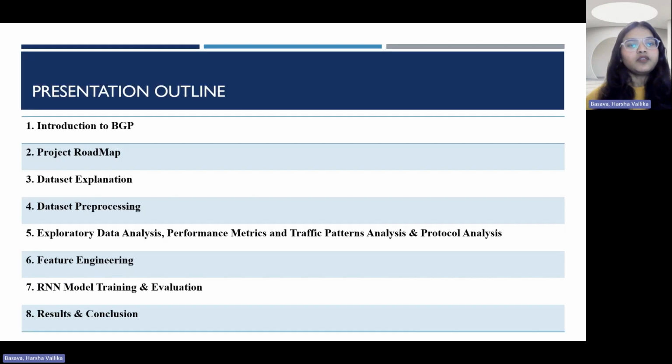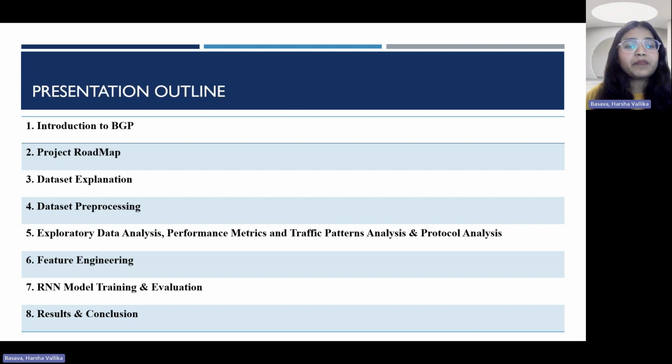To outline this presentation, firstly we'll start with the introduction to the Border Gateway Protocol, just a little brief about it, and then we'll see the project roadmap, how it is structured and the sequence that we have followed while doing this project, and then the dataset explanation, the networking related information that was given to us.